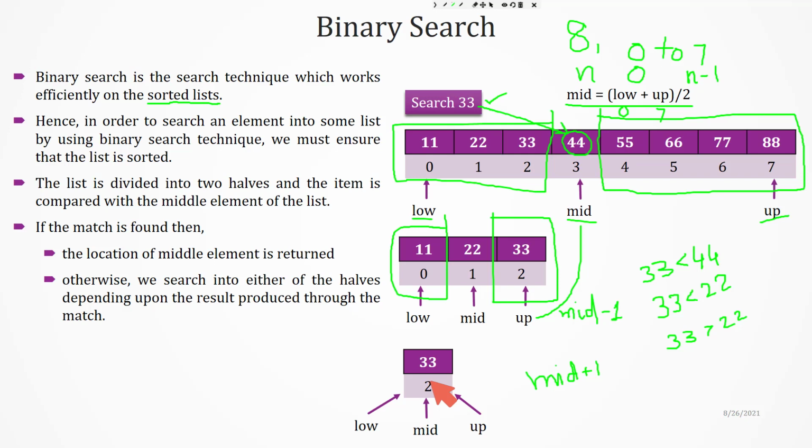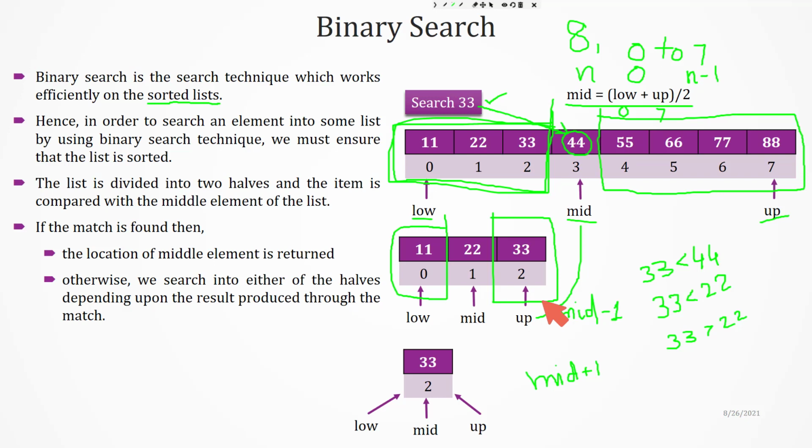If it is less than the middle element, the meaning is the element to be searched will be on the left hand side of the middle element. So we apply the same procedure in the left sub list. The entire thing is a list. These three elements can be called the left sub list. Here this 33 alone can be called the right sub list.